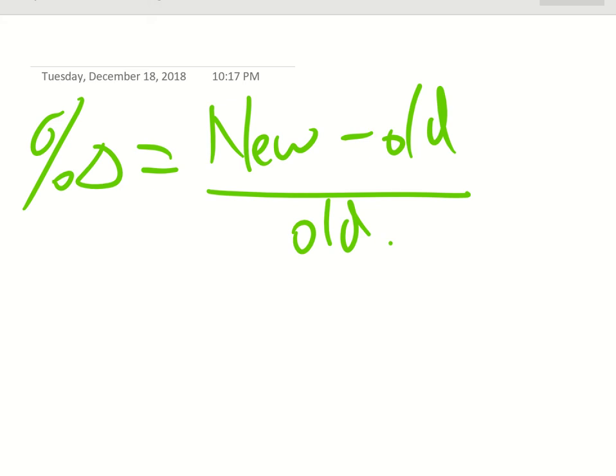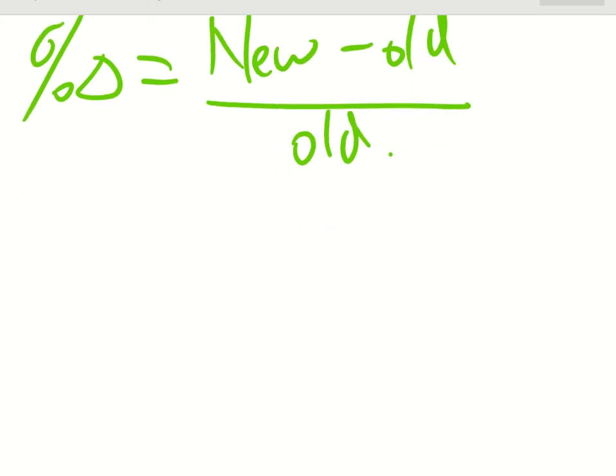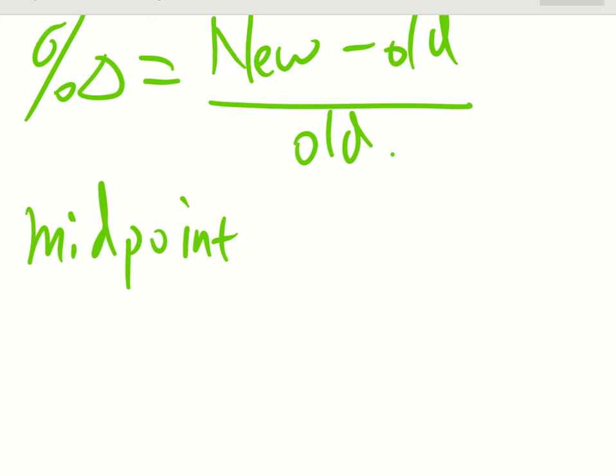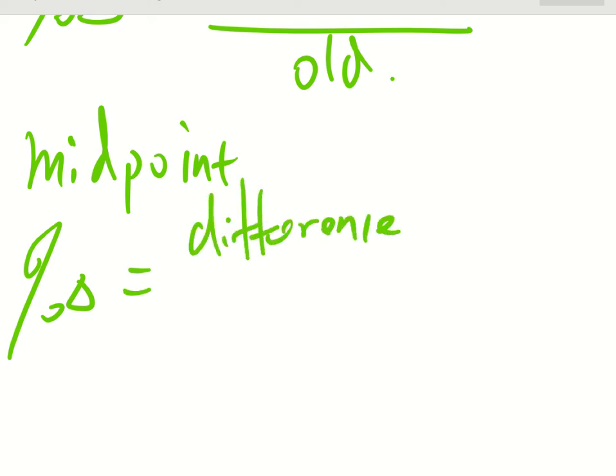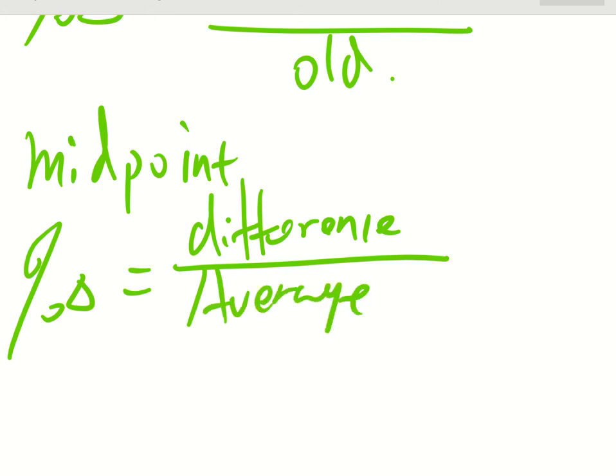The other format is called the midpoint method. There are some questions on your homework that require the midpoint method. It will specifically tell you to use the midpoint method. For the midpoint method, your percentage change equals the difference between the 2 points divided by the average between the 2 points.